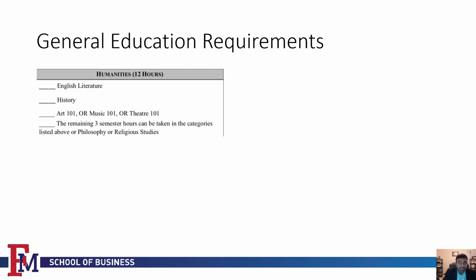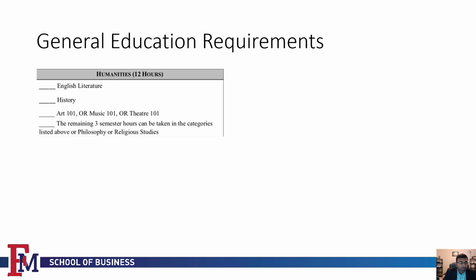The second course which you're required to take is history, and you may take history 101 or 102 or 103, 104, or 105. 101 and 102 are U.S. history, before Civil War and after Civil War, European history before French Revolution, European history after French Revolution, and then finally world history.